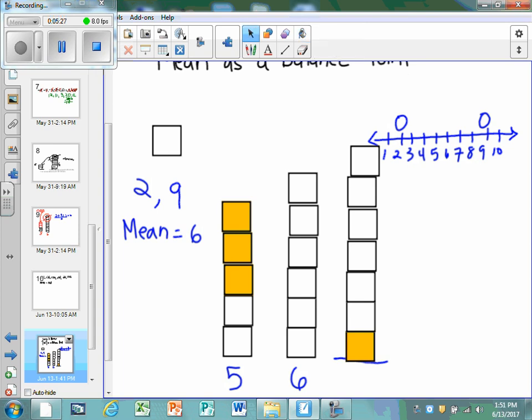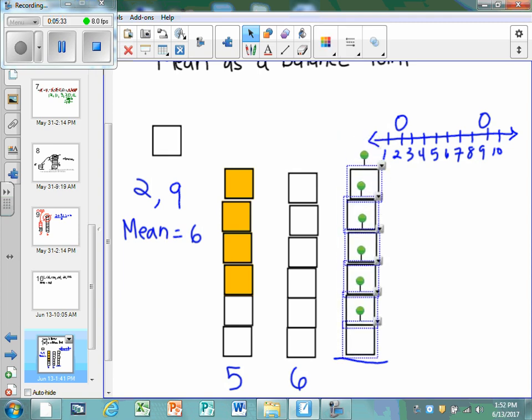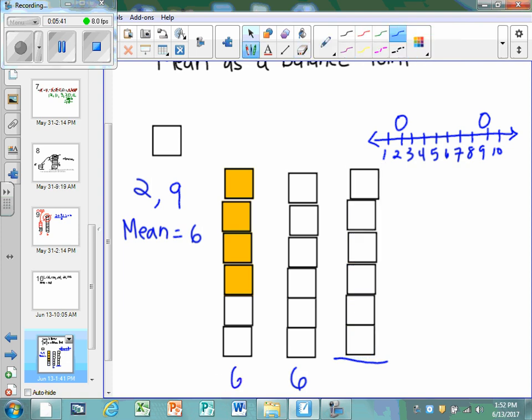So this one has to go over here because now this will have 6 and these will have 6. So what did this one have to begin with though? 7. So now this has 6 again. This has 6. But remember, this one started as 9, didn't it? Yes. Okay? It started as 9.